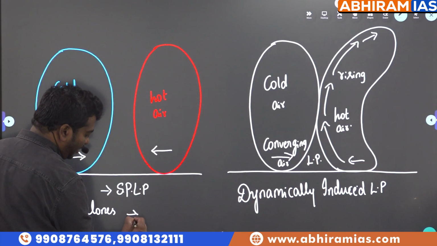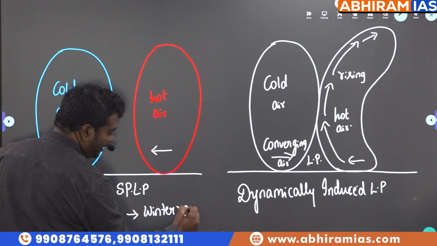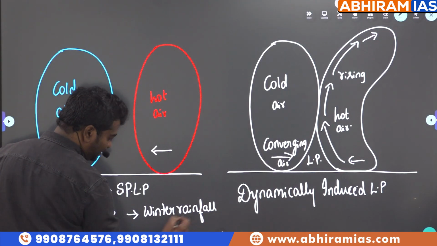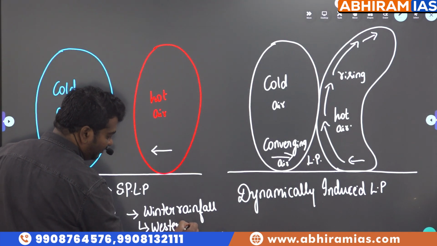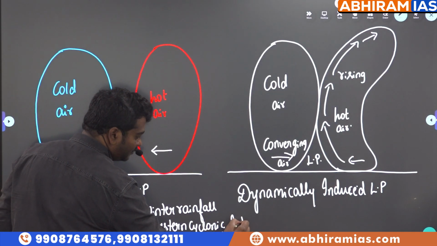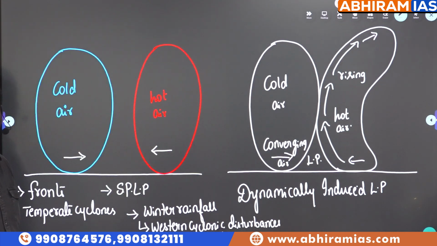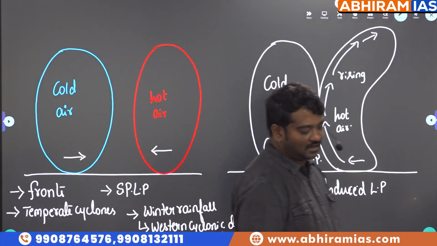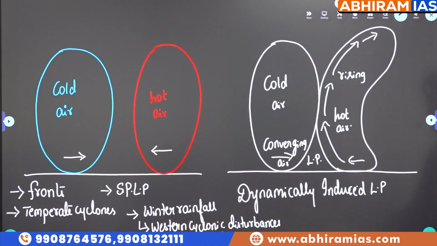In India, winter rainfall is associated with dynamically induced low pressure. I hope you are aware about a term called Western Cyclonic Disturbances. Okay, Western Cyclonic Disturbances in winter season gives rainfall and it is associated with dynamically induced low pressure.